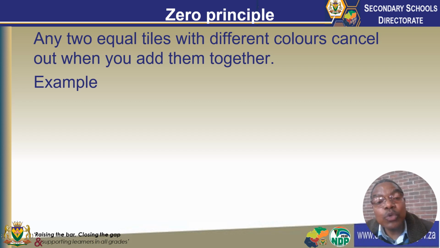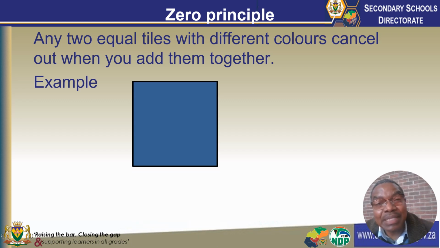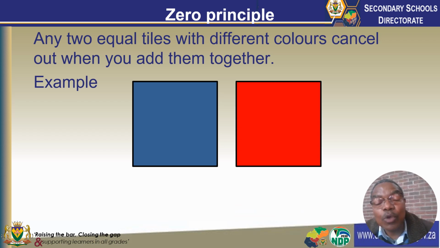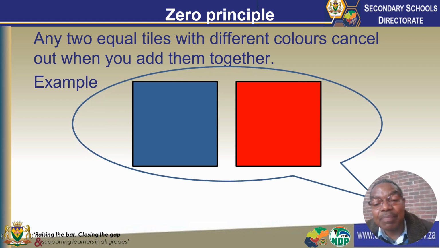Any 2 equal tiles with different colors cancel out when you add them together. For example, we have a blue tile, which is x squared. When you add it together with the red tile, which is minus x squared, the result gives us the zero principle, which is 0.